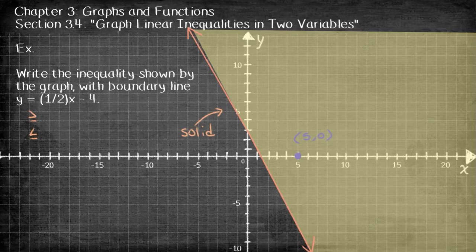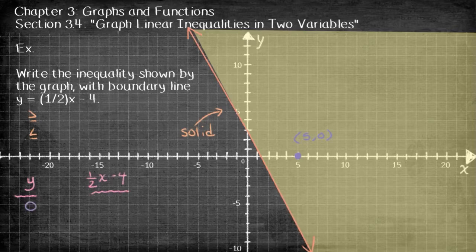And then what I'm going to do is compare the sides of this equation. So I'm going to look at y, because it's the left-hand side, and I'm going to look at 1/2 x minus 4.